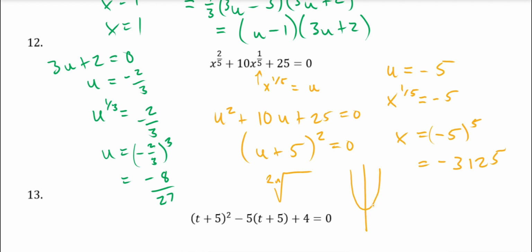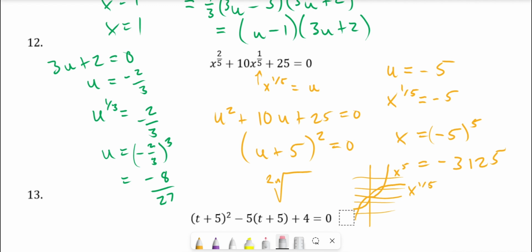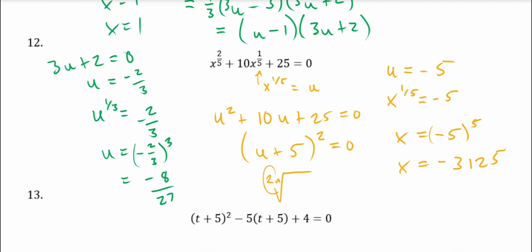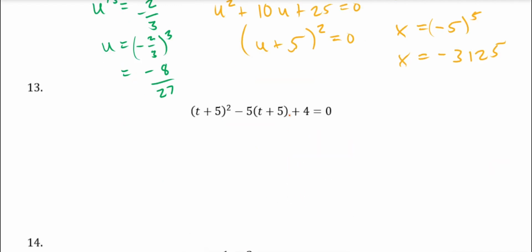This is not the case with fifth powers or cubes. If we have odd powers, these functions are 1-to-1, and their inverses, therefore, are functions and not multi-valued maps. This means that the substitution won't cause us these problems. But if you're ever in doubt, it's perfectly fine to plug in your answers and make sure that they actually work anyway. But the real concern will be with even roots, like square roots and fourth roots, when you make these substitutions.